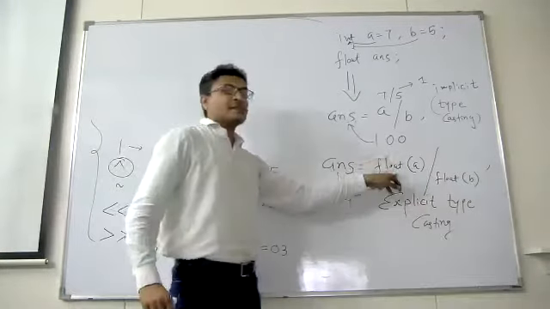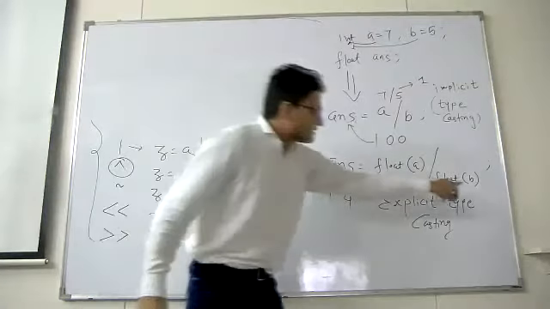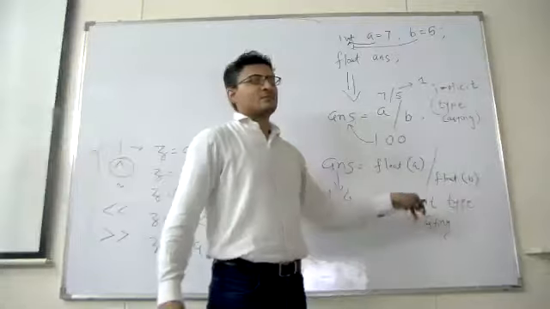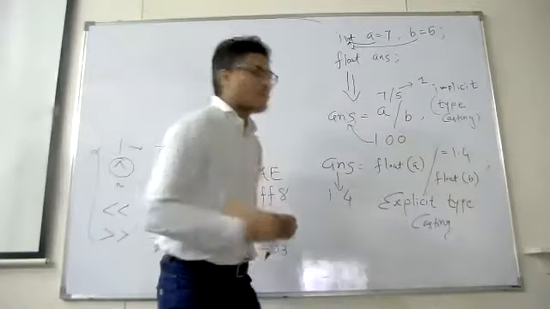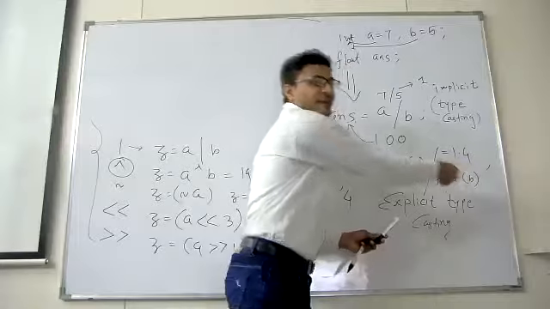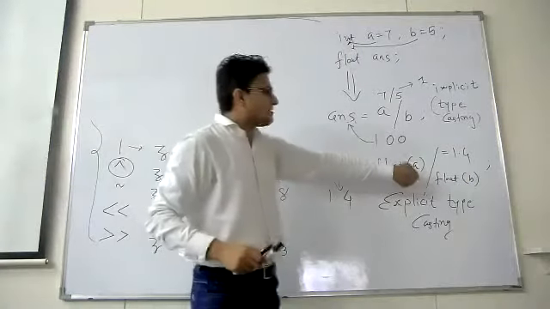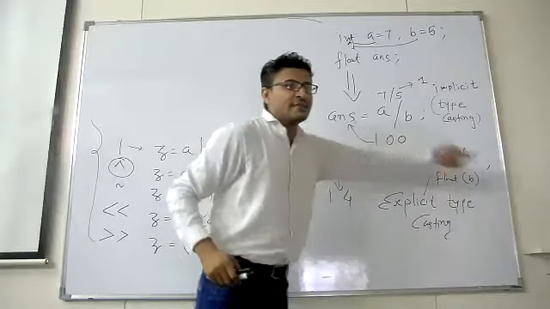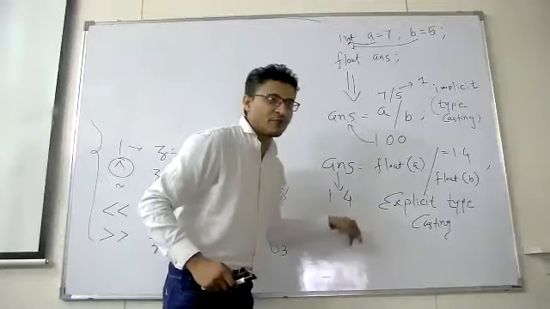Here the user changes the type of A and B, then does the division. It gives 1.4 because it is the division of two float values, not integer values. First the compiler converts A into float, B into float, then does the division, then stores the answer.